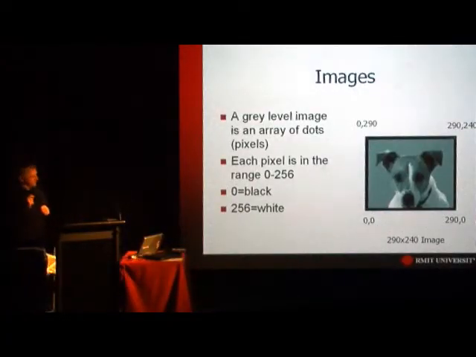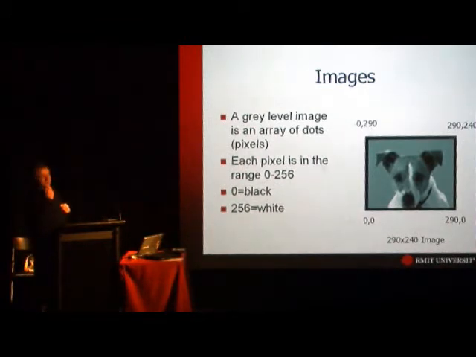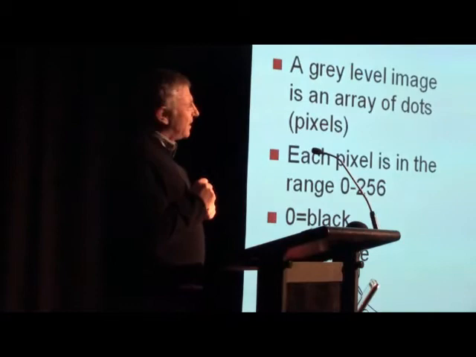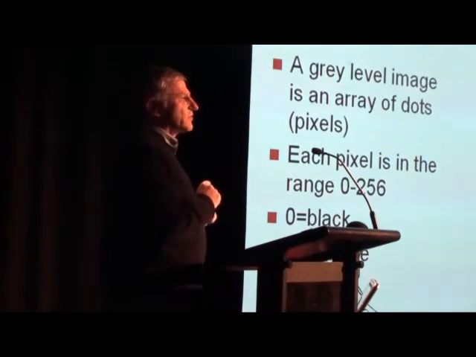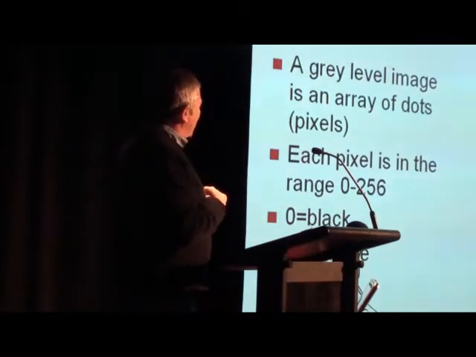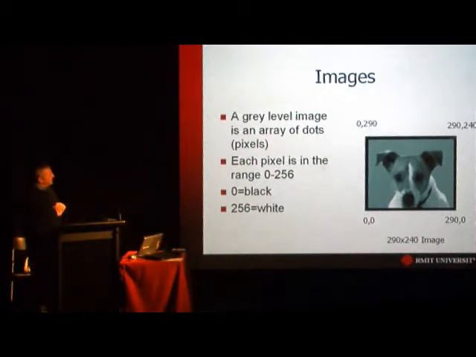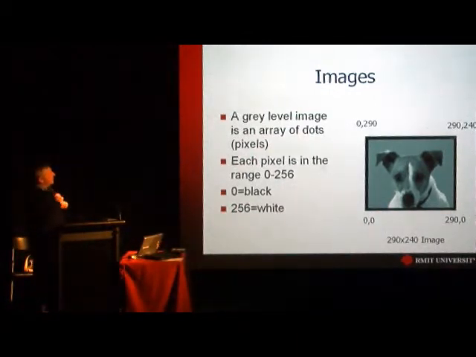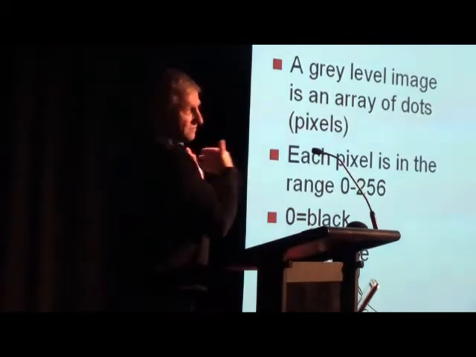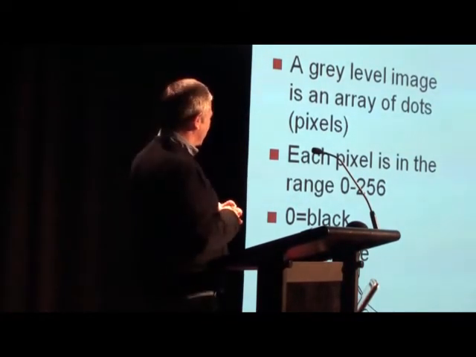Now, what's an image? Well, in essence an image is an array of dots. So a grey level image, we might say, is this array with each individual pixel with some value. And when we see it and perceive it, we recognise it as looking like something.